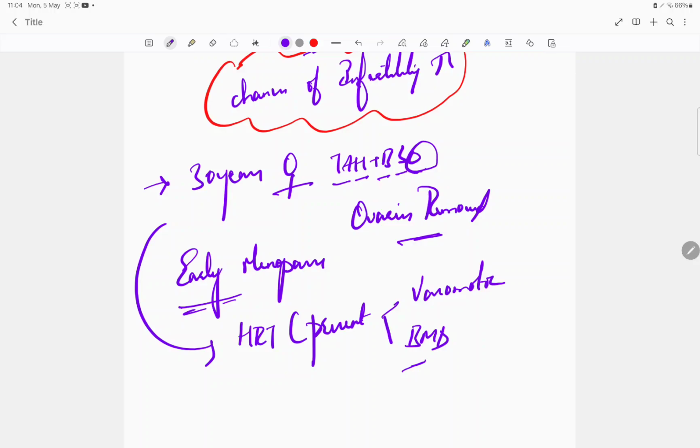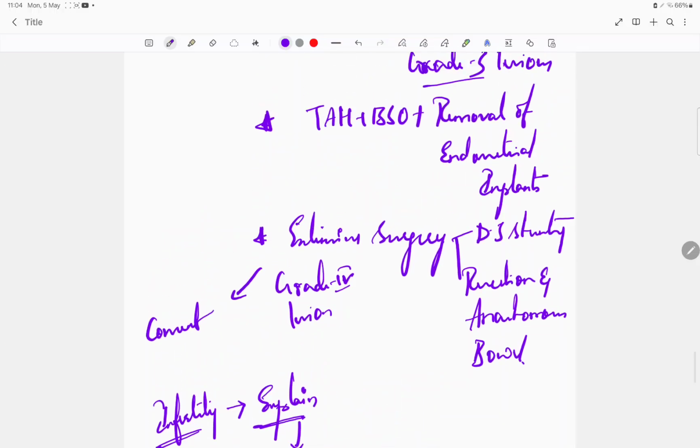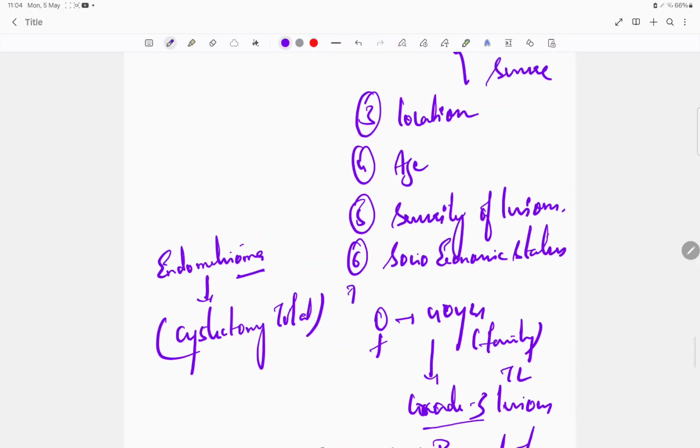They will give options: bilateral salpingo-oophorectomy plus TAH, or just endometriosis surgery, or just removing the endometrial implants, or just pain treatment. Then you have to see the lesions. If it's a grade 3 or grade 4 lesion where day-to-day life is hampered, that is also important. So her quality of life is reduced.